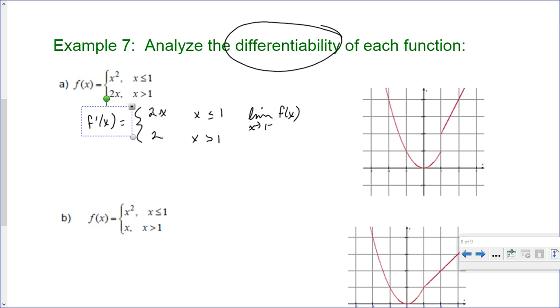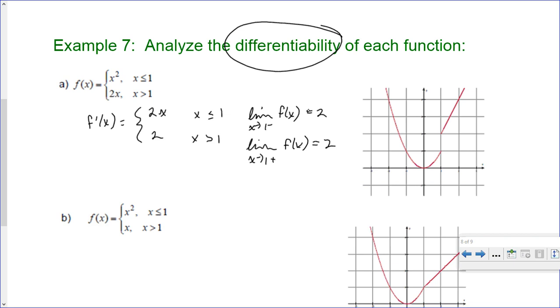As x approaches 1 from the left, I have that equal to 2, right? And the limit as x approaches 1 from the right of my function will also be 2.